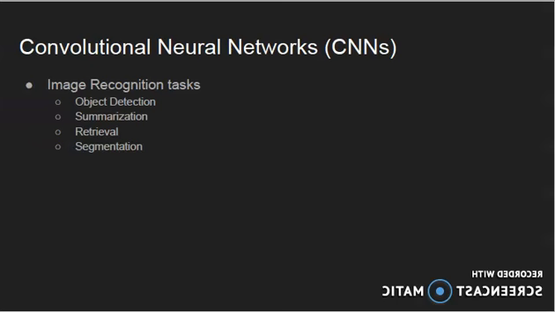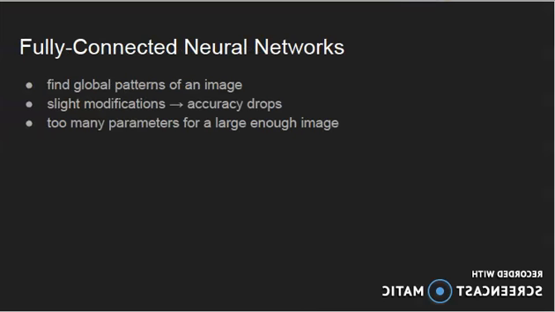So, as we learned from the lecture, fully connected neural networks are about finding a global pattern in an image. They find global patterns in an image because they are fully connected, so each neuron of one layer is connected to each neuron of the next layer.